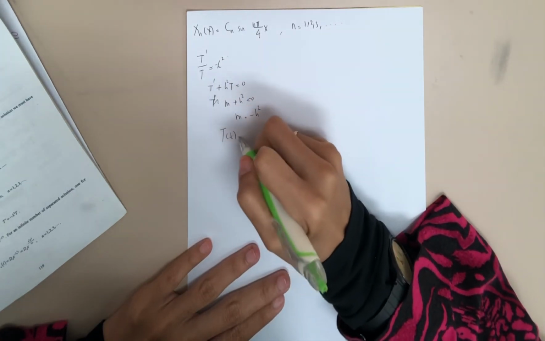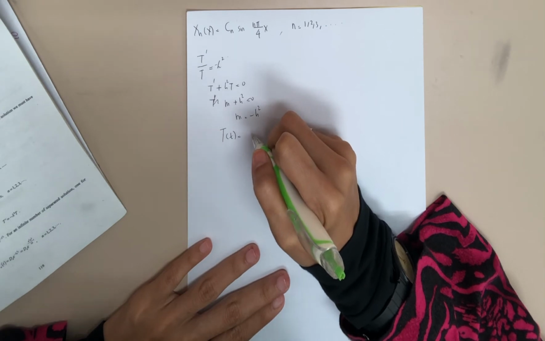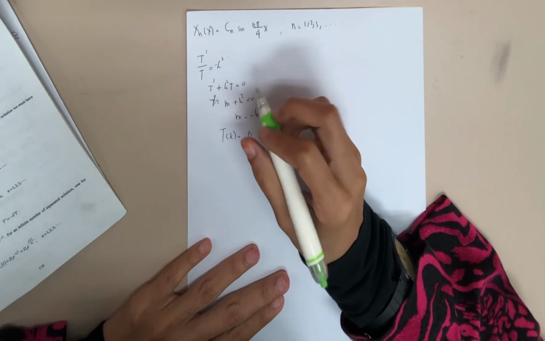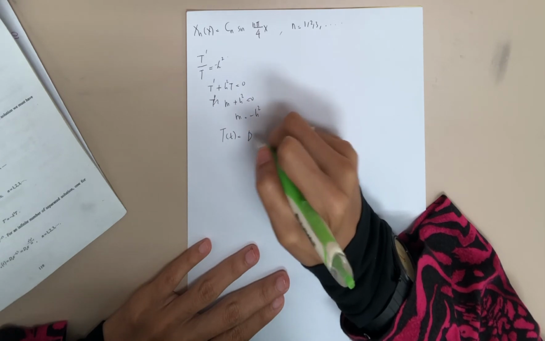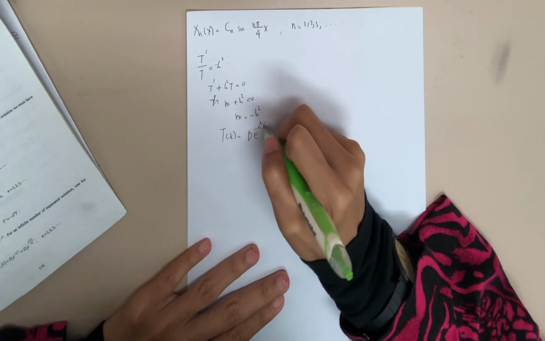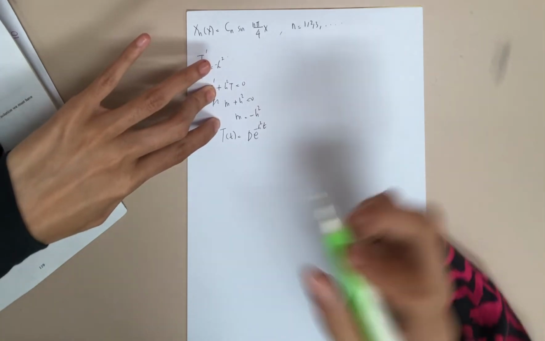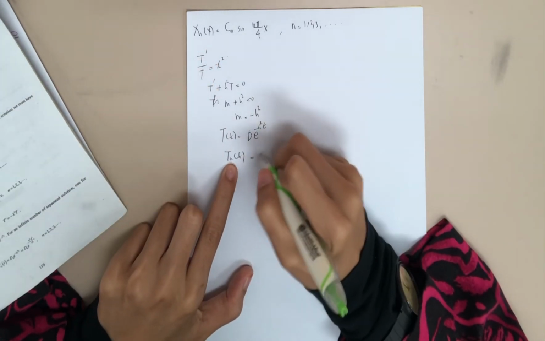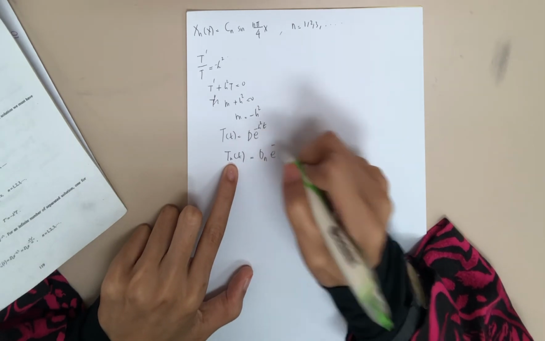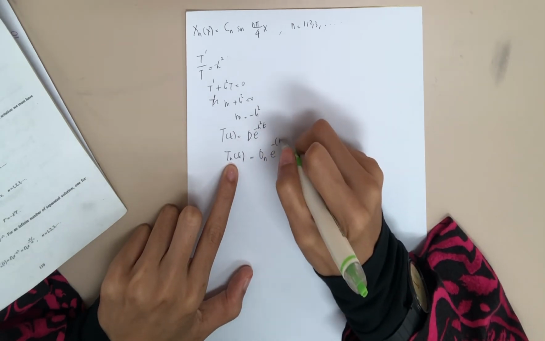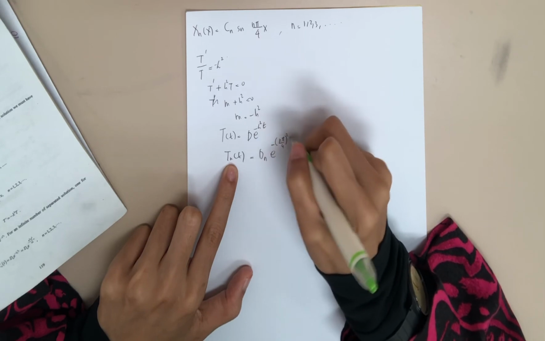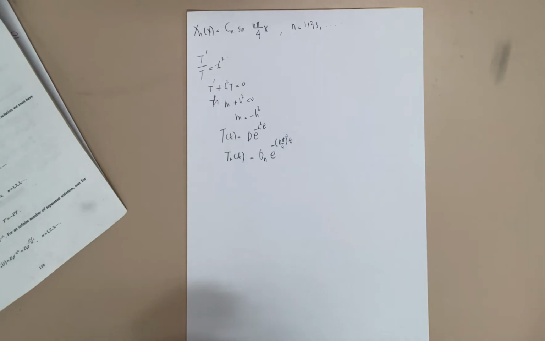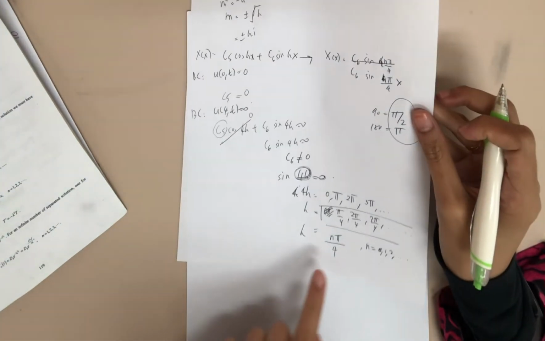Therefore, the t equation is, like the earlier C6, so C7 or D. We use D, D e to the negative lambda square t. We write Tn because the lambda will now be replaced with n pi over 4 square as well. Every time you have a lambda, please make sure you replace it with the new lambda.